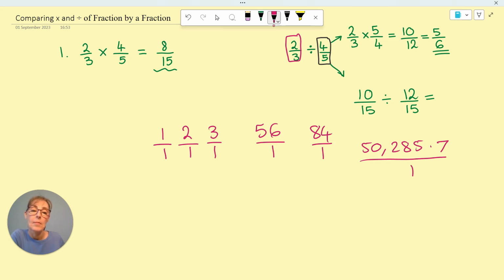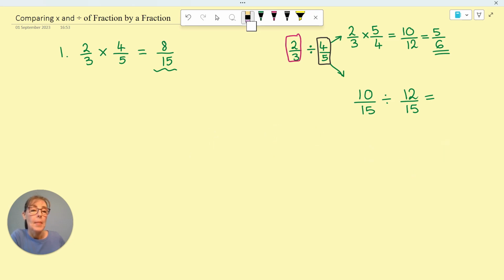So because they've all got ones underneath, we don't need them. We can compare them without using a denominator. In the same way, because these have both got the same denominator, we can just compare them by doing the numerator. So 10 divided by 12 becomes our new fraction.